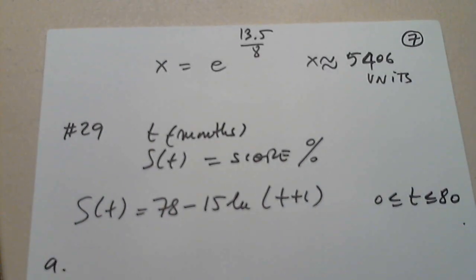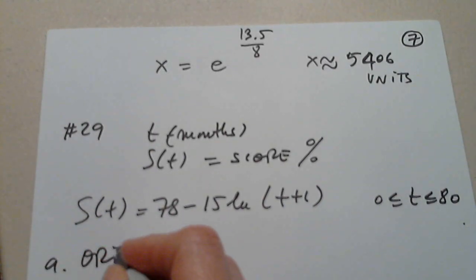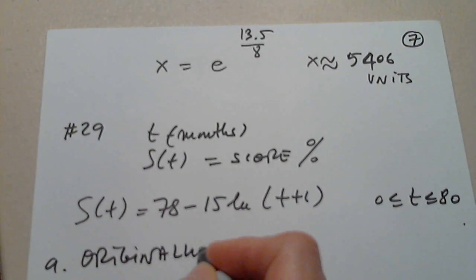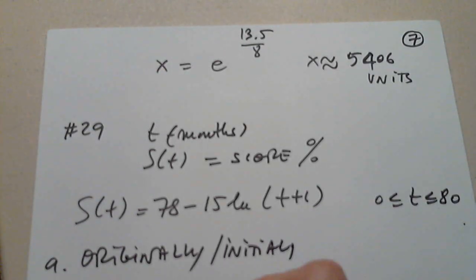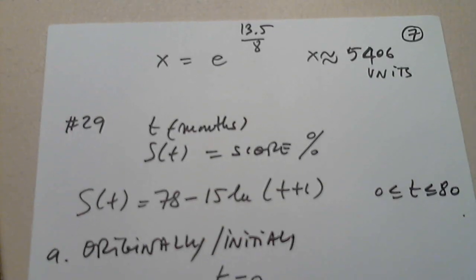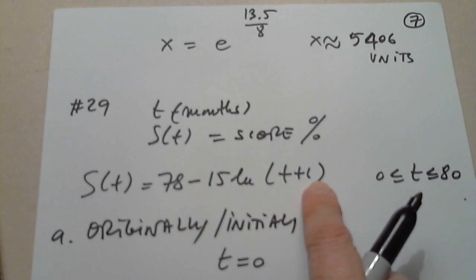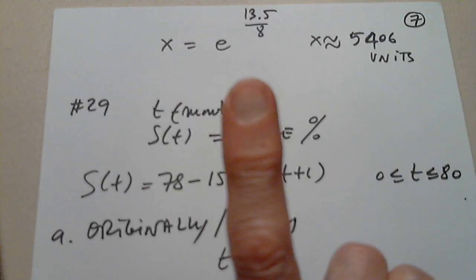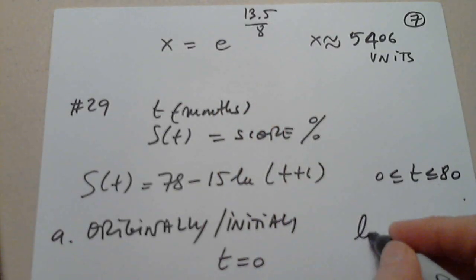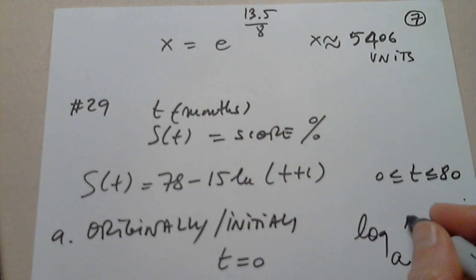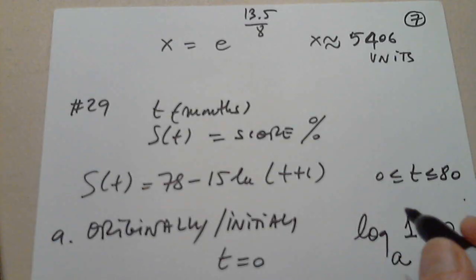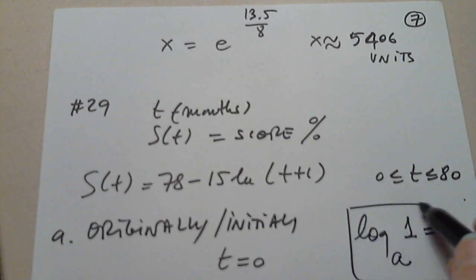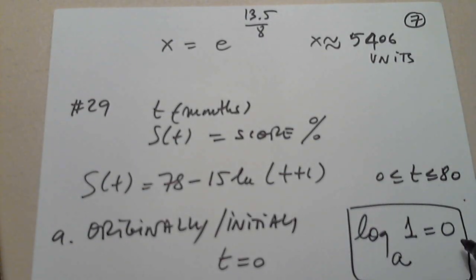Initially, originally, what does it mean? t equals 0. Yes, indeed. 0 plus 1 is 1. Natural log of 1 is always 0. Log in any base of 1 is 0. How do I know? A raised to 0 is 1.